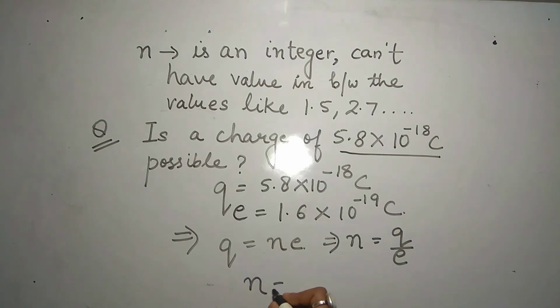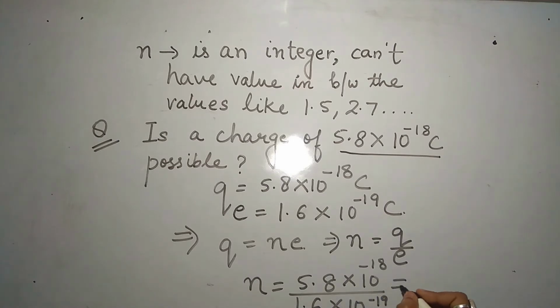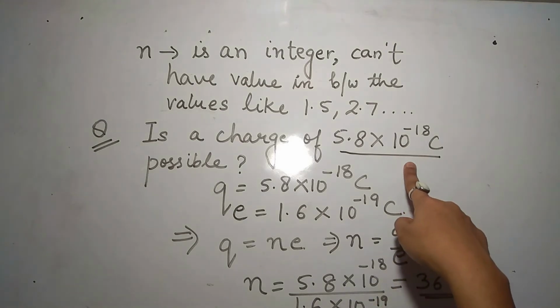So n is equal to 5.8 × 10^-18 divided by 1.6 × 10^-19, which is equal to 36.25, which can't be possible. Either it should have a value of 36 or 37. So this kind of a charge doesn't exist.